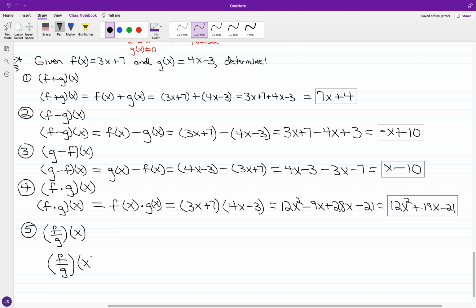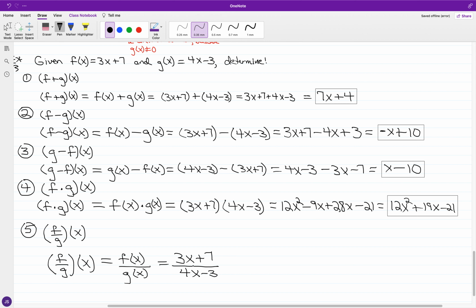Now for f over g of x, again just translating as a quotient of functions, we have f of x over g of x. And here, f of x we have at 3x plus 7. And g of x we have 4x minus 3.